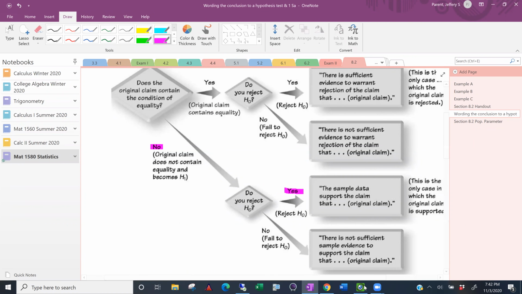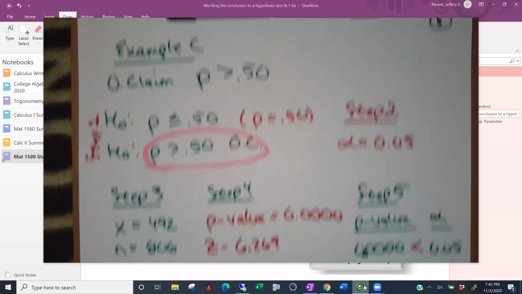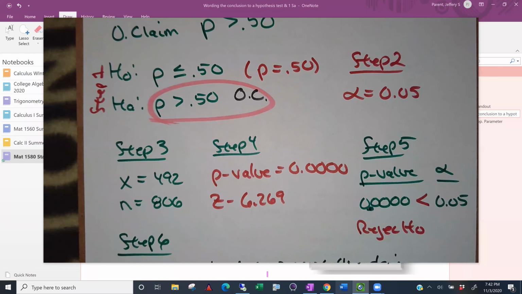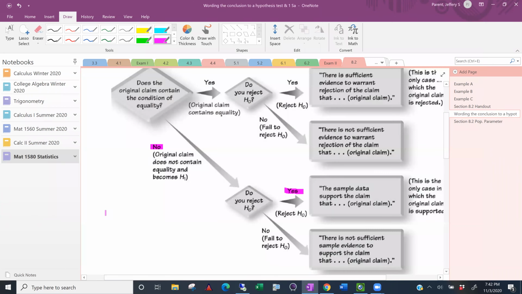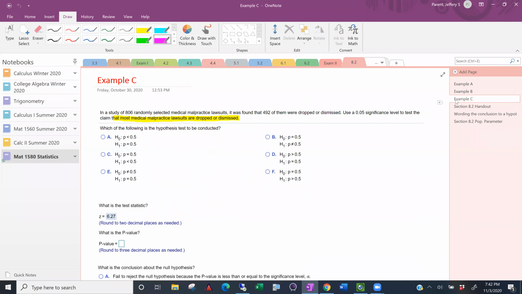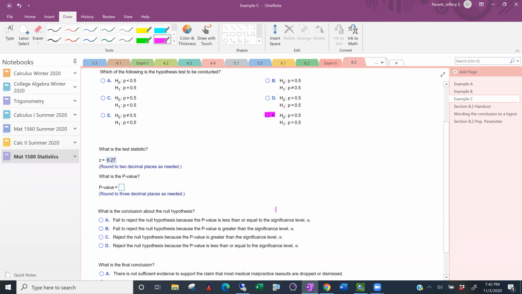Anything else? You guys ready to do these? Let's take a quick look at what the rest of C was. I think we've got all the things we would need for C. So the correct answer here would be F, because they're going to put equals as opposed to less than or equal to, but the alternative hypothesis is correct.